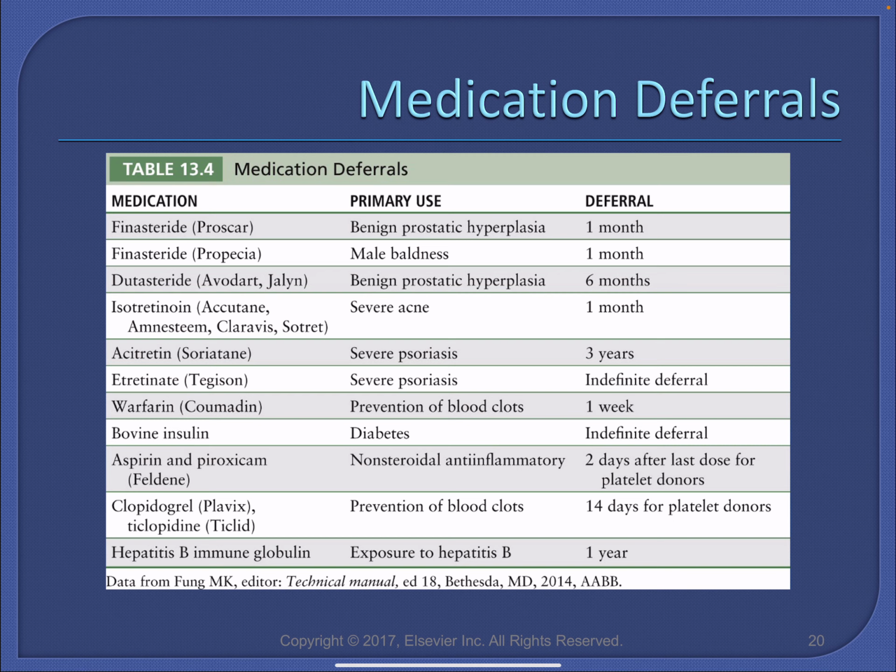Insulin will deem the donor for indefinite deferral, and aspirin 2 days after the last dose, but just for platelet donation. Same thing with Plavix or Ticlid. These are anticoagulants, and if the donor is taking these, it would defer the donor for 14 days for platelet donations. Okay.